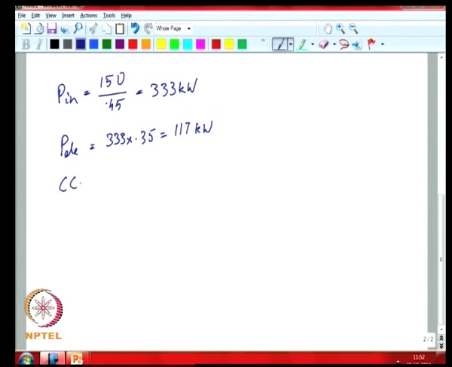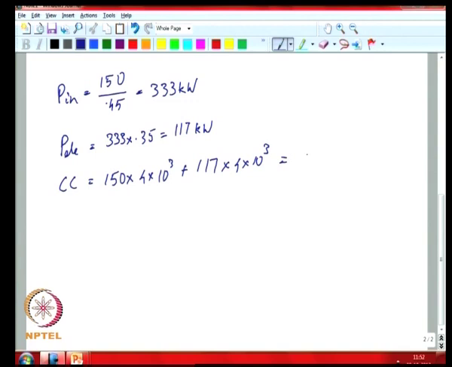So, your capital cost is: you have a thermal system which is rated at 150 kilowatts, and the cost of the heat exchanger equipment is 4,000 rupees per kilowatt, and your electrical system is 117 kilowatts, and its cost is also 4,000 rupees per kilowatt.